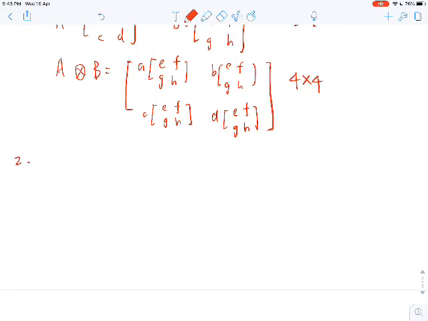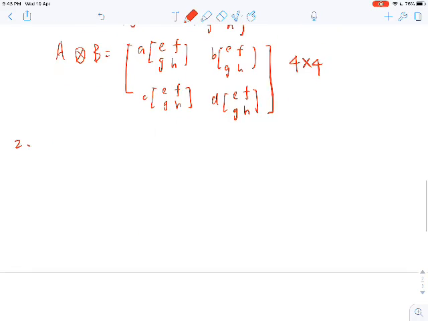Before I enter into the quantum algorithms, I want to introduce the quantum circuits. This is the basic part of quantum algorithms, how the quantum algorithms are processed.